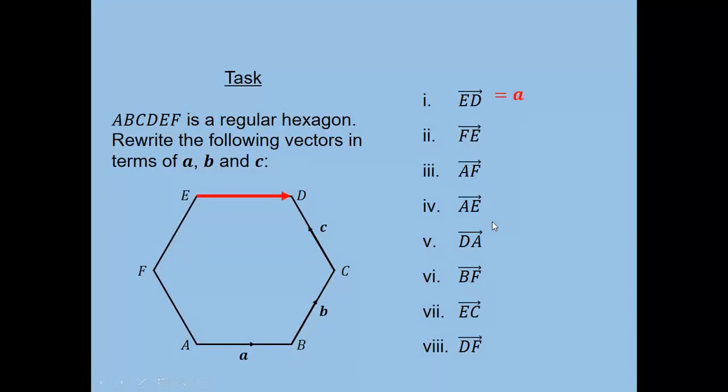Let's go through the answers. Notice D to A would be D to C plus C to B plus B to A. They're all opposite to the given vectors, which is minus a plus minus b minus c.